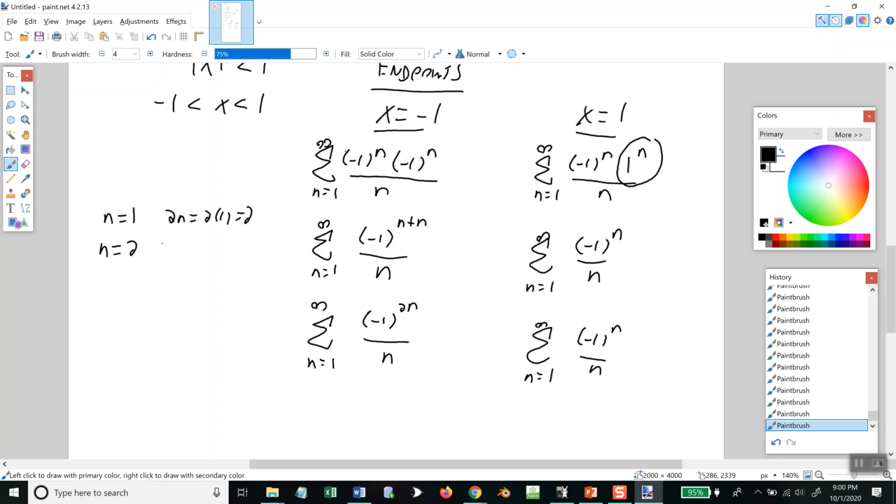When n is equal to 2, 2n becomes 2 times 2, which is 4. The next one would be 3, and 2n becomes 2 times 3, which is 6, which is always an even number, isn't it? What happens to a negative number when you raise it to an even power? Negative 1 squared, negative 1 to the 4th, negative 1 to the 6th, it always becomes positive. So this becomes a positive 1.